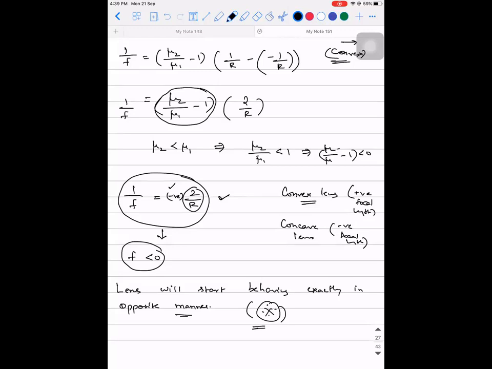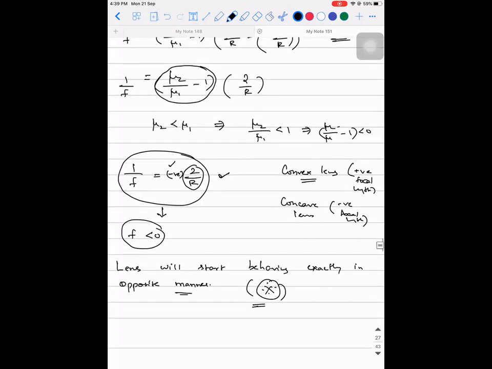If they ask you a question, let's say they give you a lens of focal length 1.5 centimeter. The refractive index of glass is 1.5. Let's say the refractive index of the medium is 1.75. So they have given focal length as plus 1.5. So what type of lens is this? Convex. It is a convex lens.